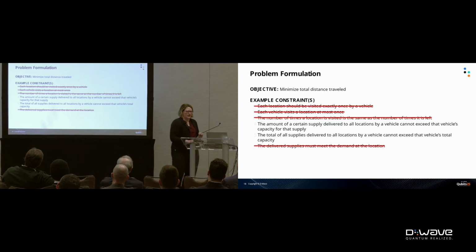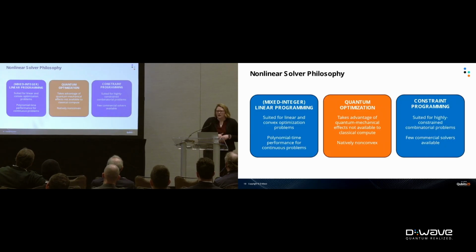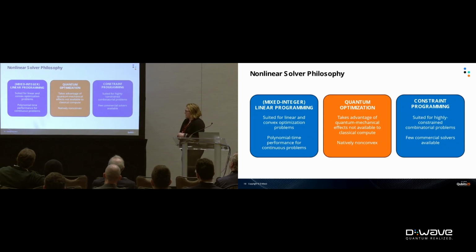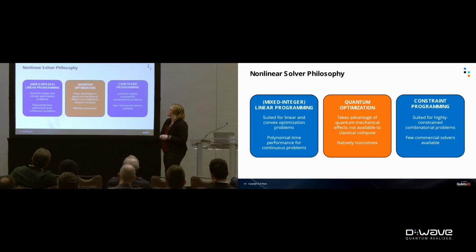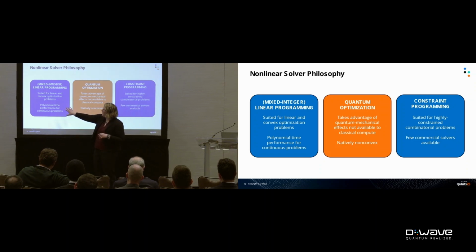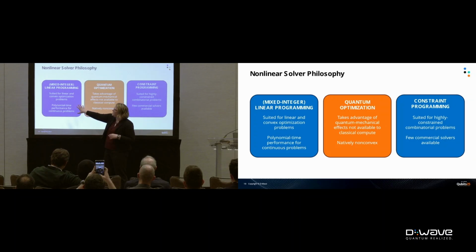So there's no backtracking. Now remember that the nonlinear solver philosophy takes advantage of a couple of items. First off, we're using classical compute power, we're also using quantum compute power, and we're taking advantage of constraint programming. So we're going to use in the solver mixed integer linear programming.